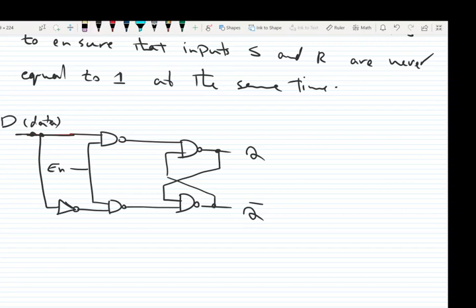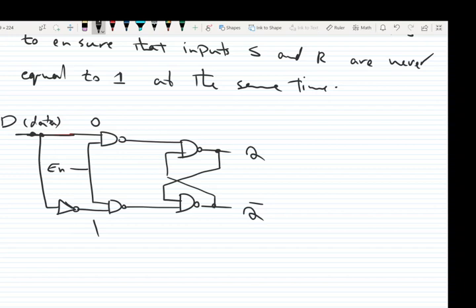If we look at this circuit, we see that because of this NOT gate, if D is 1, the input of the first gate is 1, and the input of the second gate is 0. If D is 0, the input of the first gate is 0, and the input of the second gate is 1. So we never have the indeterminate state, which is 1 1.